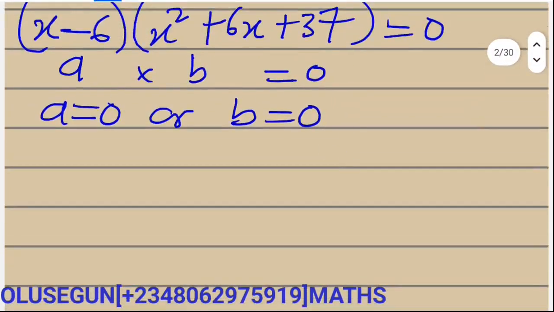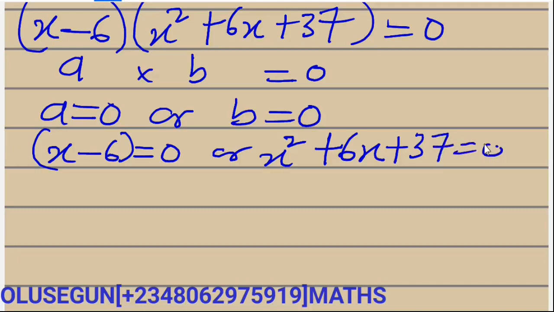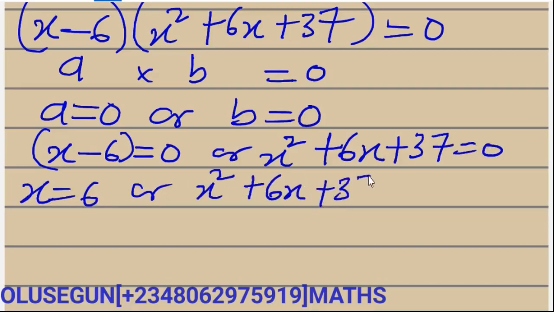Therefore, we now have x minus 6 is equal to 0 or x squared plus 6x plus 37 is equal to 0. So x is equal to 6 or x squared plus 6x plus 37 is equal to 0. Let's try to find the value of x here.